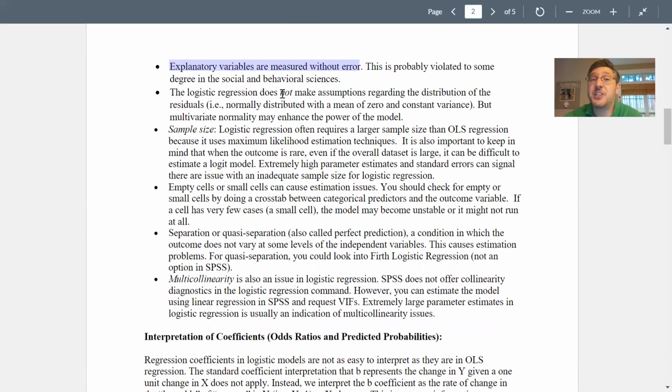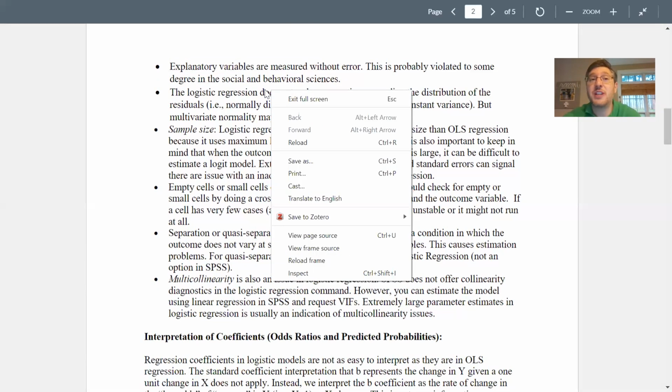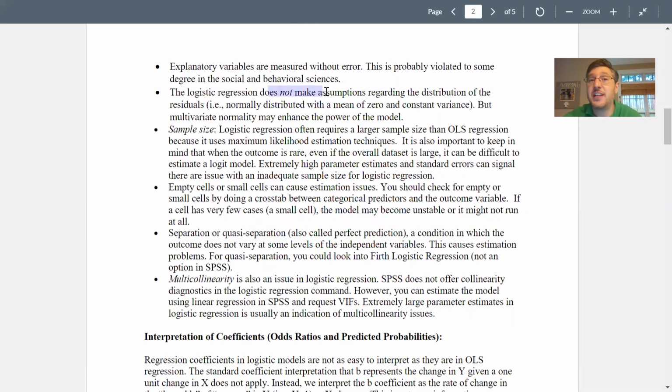Notice logistic regression does not make an assumption regarding the distribution of the residuals. In OLS regression, we assume that the residuals are normally distributed with a constant variance. Logistic regression doesn't make that assumption. However, multivariate normality may actually enhance the power of your model, but it's not required.